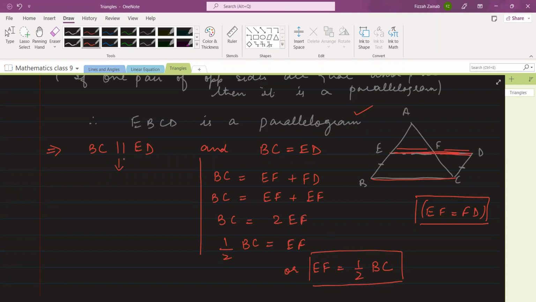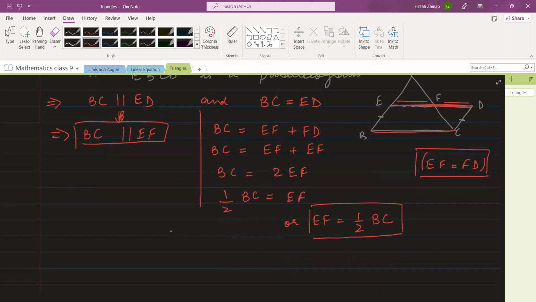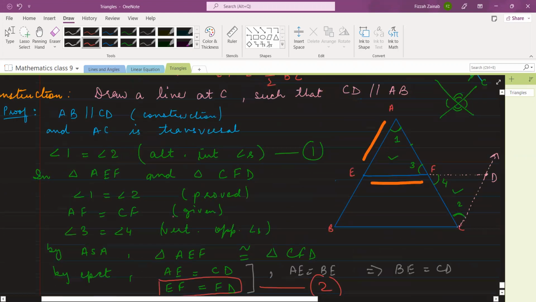So this implies that BC is also parallel to EF. Understand? So the two things you have shown are that the line segment EF is parallel to BC and is equal to half of BC. Is that clear? Please write it down. Jaslyn, have you written?